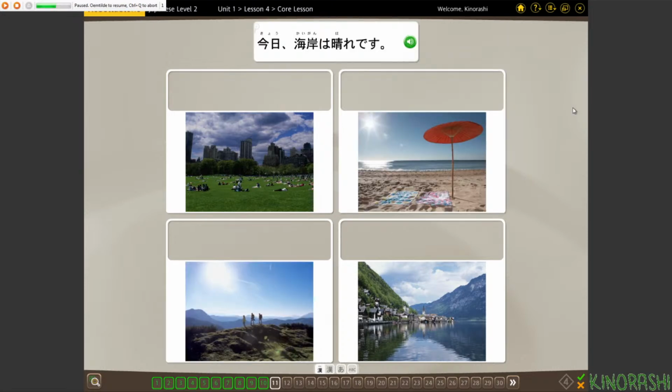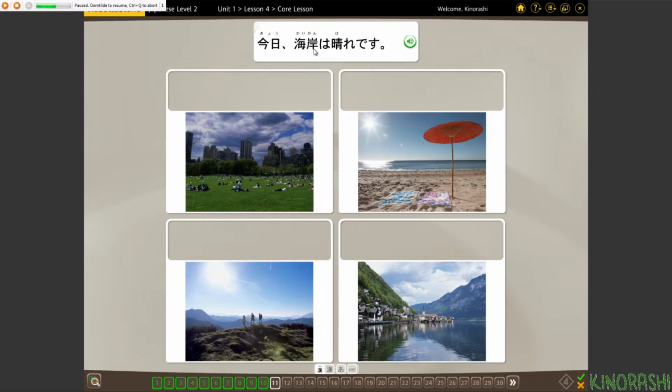今日海岸は晴れです。And as for how to remember this kanji, that'll be tough.